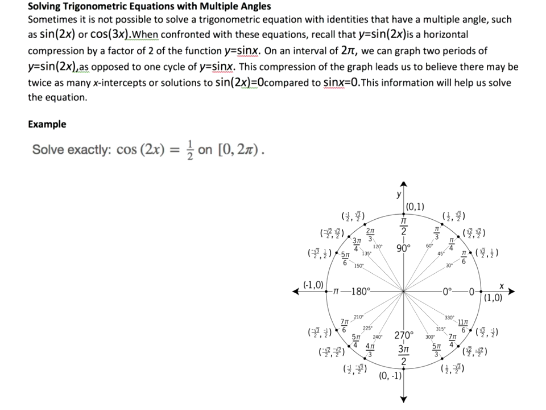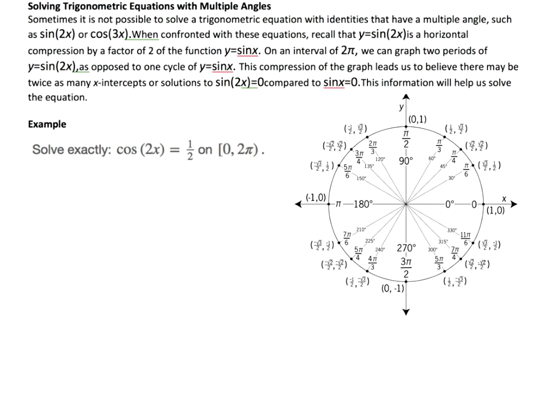So on an interval of 2 pi, we graph 2 periods, so you're going to have more solutions than expected. And so that's a lot of words to say because this problem really isn't that bad at all. Don't let that paragraph at the top scare you. It's just saying expect more than just 2 solutions because we've compressed it.